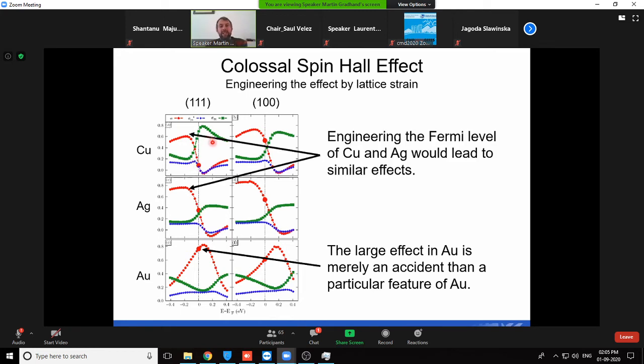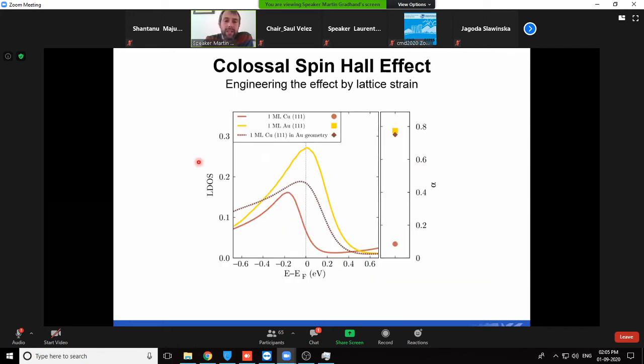So that means we could reach similar effects for copper and silver if we are able to reach those regions here. What we did as an example is this brown line is the copper system you saw. The yellow line is the local density of states for the bismuth impurity in gold.